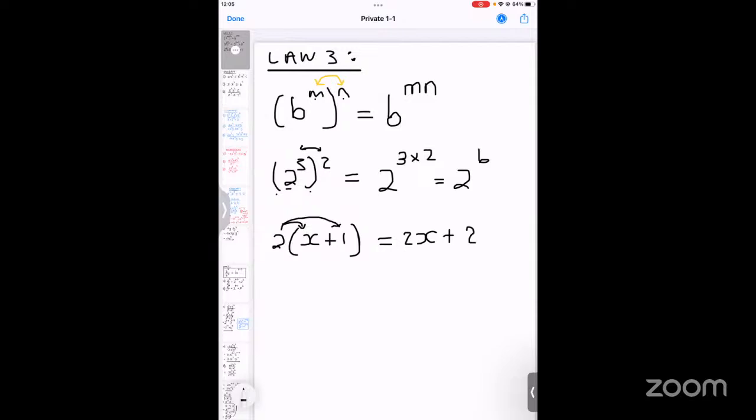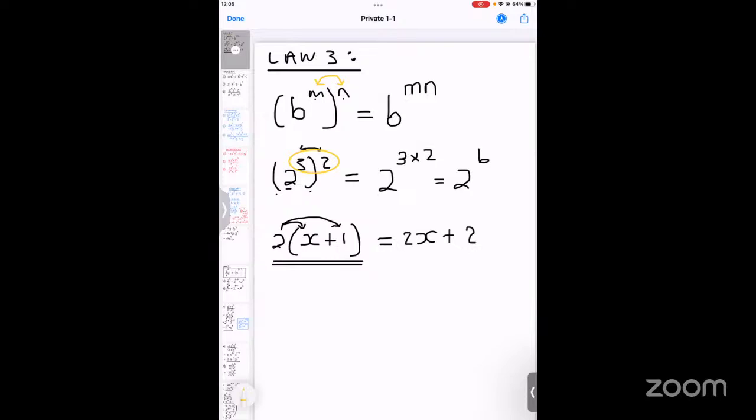So the difference between this one and the one that we have done is that this one does not deal with the exponents, but that law number 3 is the one that deals with the exponents. That's why we call them the laws of exponents. Did you understand up to this point, Langelihle?